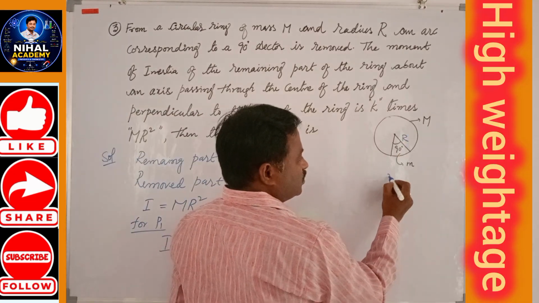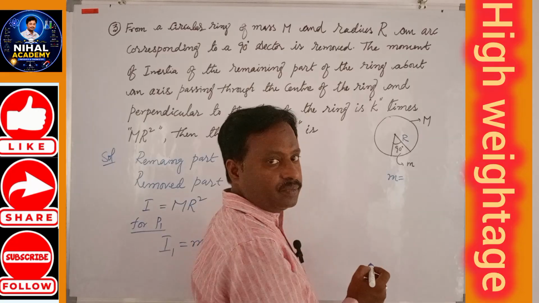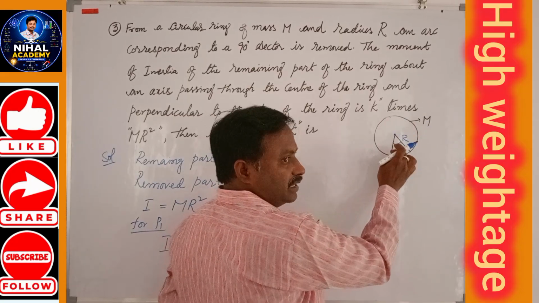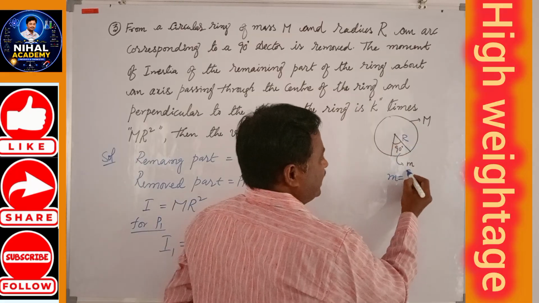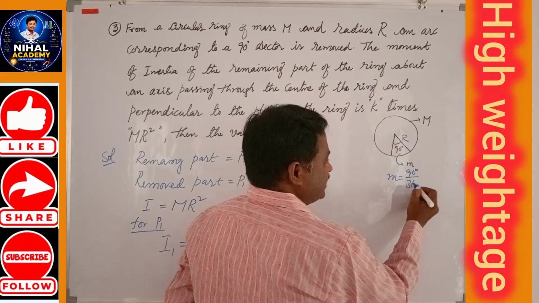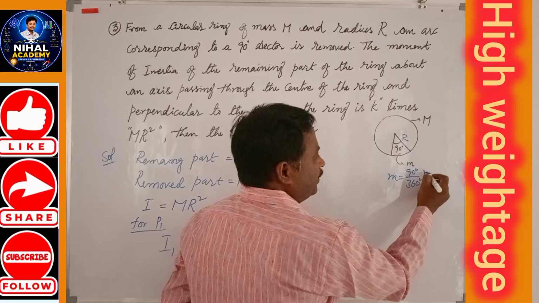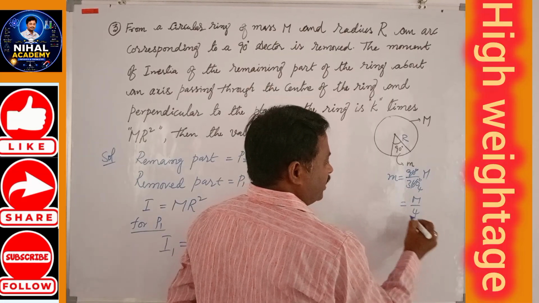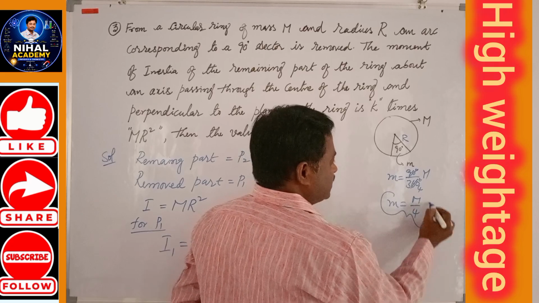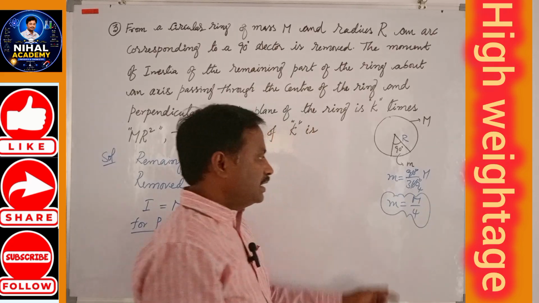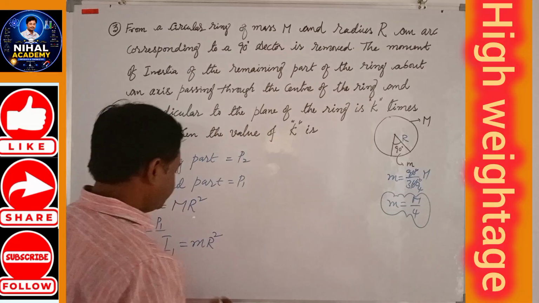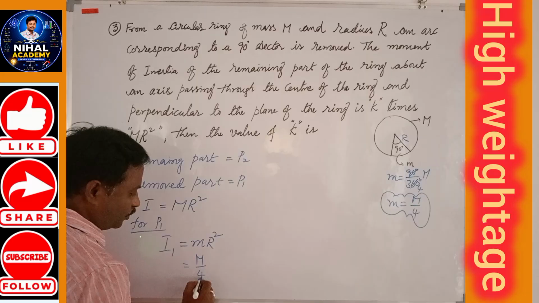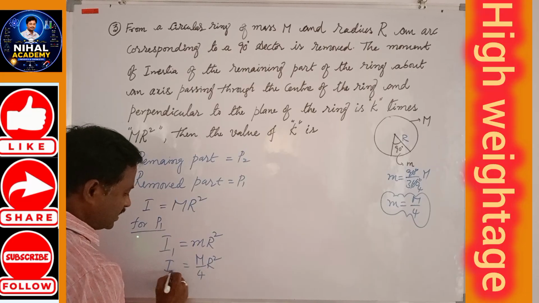The mass of the removed part m is equal to 90 degrees by 360 of capital M. So 4 times cancel, that is equal to capital M by 4. So this is the mass of the removed part. Now I1 is equal to capital M by 4 into R square.